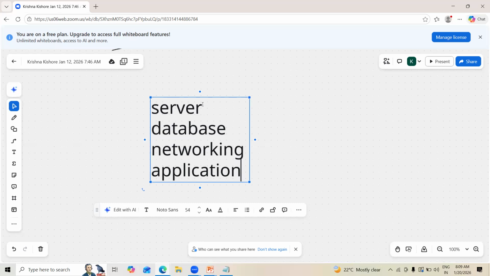We need to understand how this connectivity happens between these things, and how we securely implement it. We can connect directly to the internet also, but we don't require that. How do you securely connect the application to the database? What security is involved?